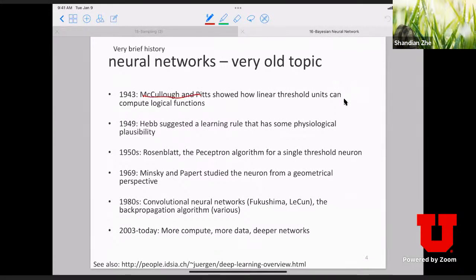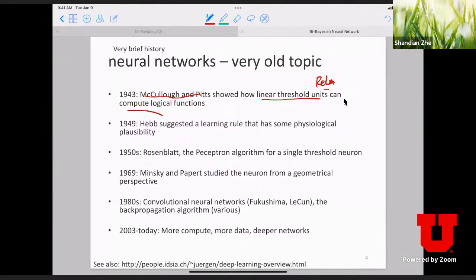These two pioneers showed how linear threshold units can be used to compute logic functions. It's very simple, and linear threshold units can be viewed as an ancestor of the ReLU activation function.